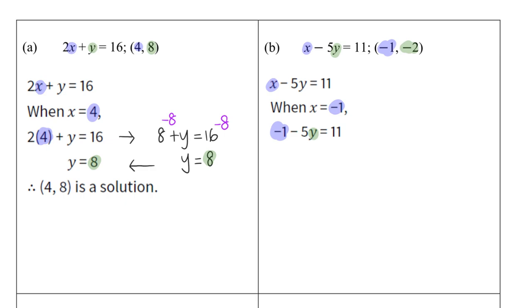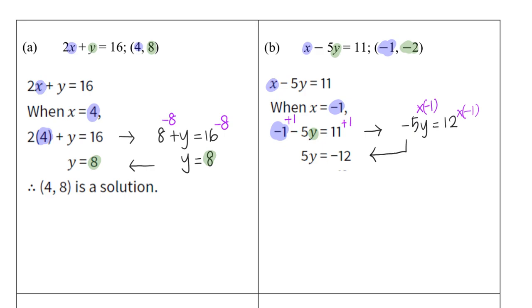So we will have to do some algebra. How do I get this stage? I'm actually adding one on each side of the equation, and that will give me negative 5y equals 12. After which, I'm going to multiply by negative 1 on both sides to get rid of the negative sign. And that will then give me 5y equals negative 12.